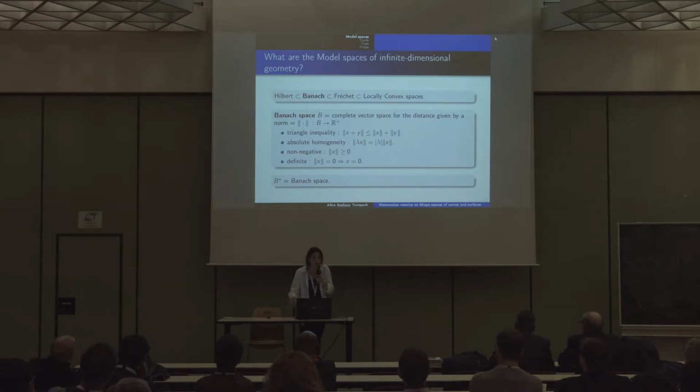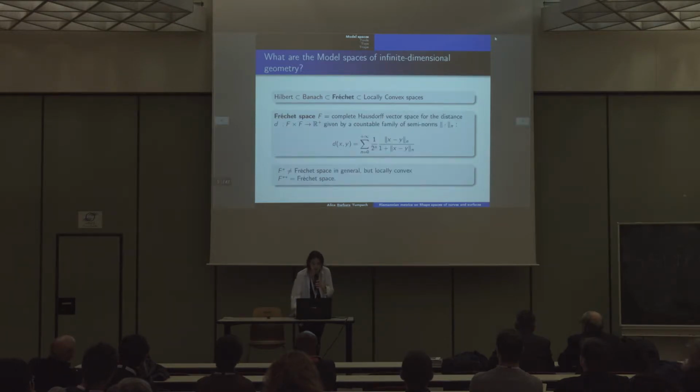If you drop this point, you end up with a seminorm, and that's what is usually used for the definition of Fréchet space. And if you have a countable family, and this is important, a countable family of seminorms, just by adding them with the right coefficients for convergence, you can end up with a distance.